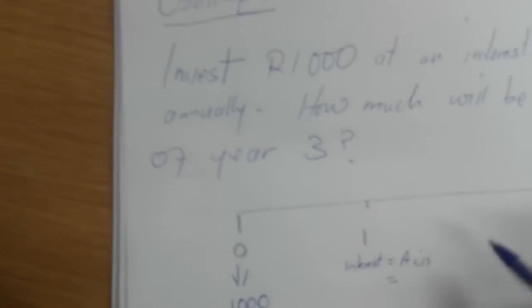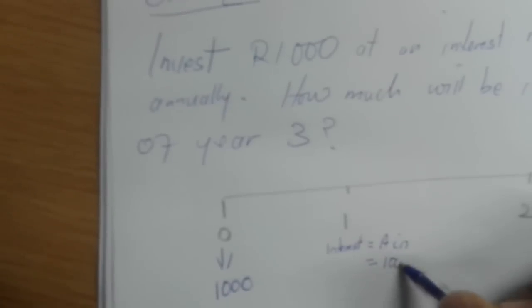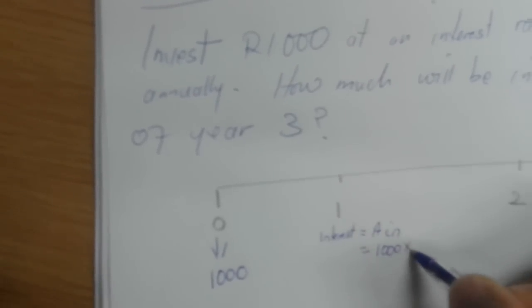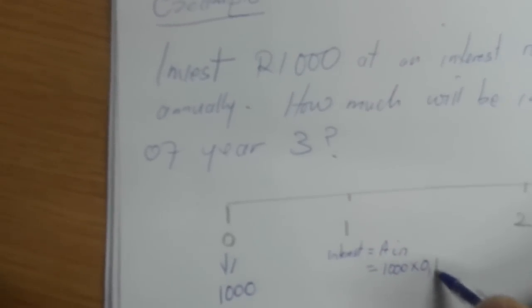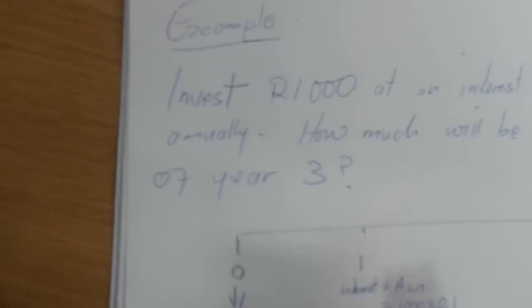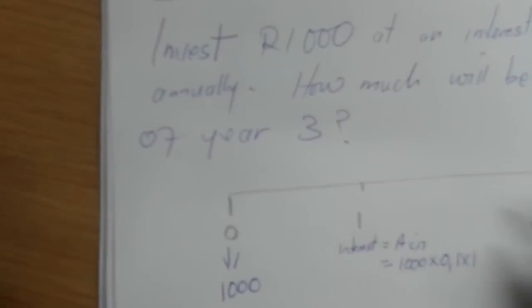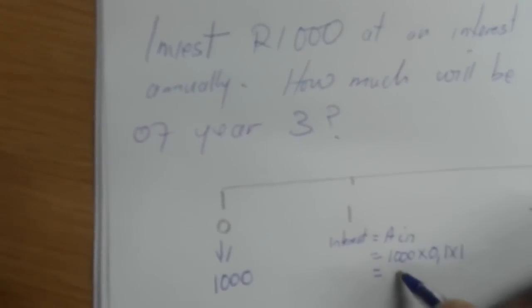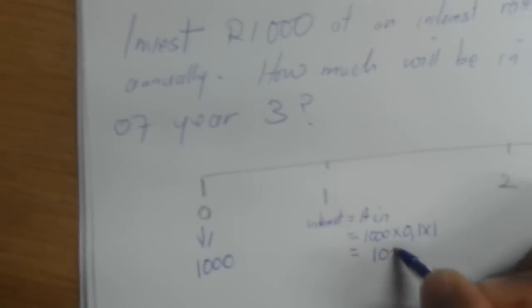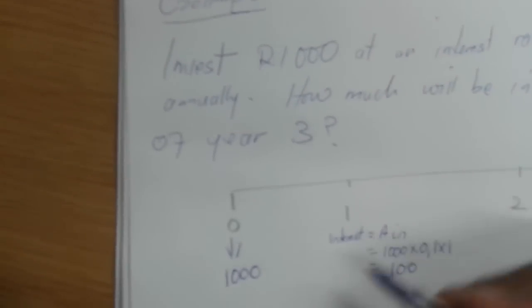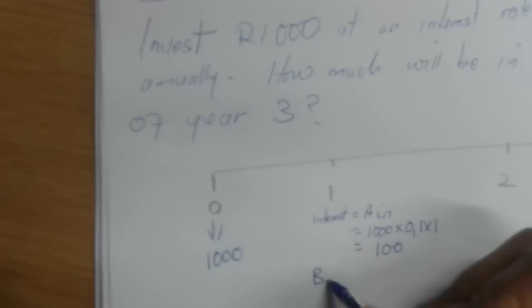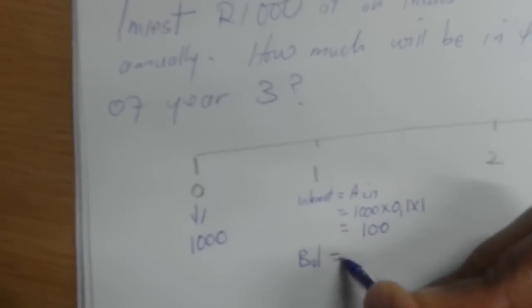So, which is equal to the 1,000, which is the opening balance, multiplied by 0.1, and of course multiplied by 1, because it's only for 1 year. Remember, it's per annum, and this is 1 year. Our timeline is in years, and obviously the answer gives you 100 rands.